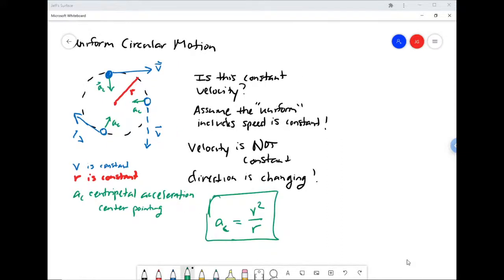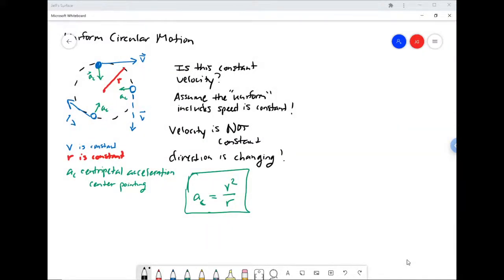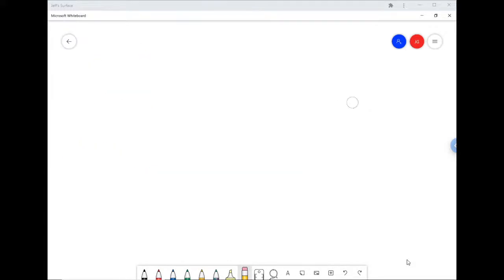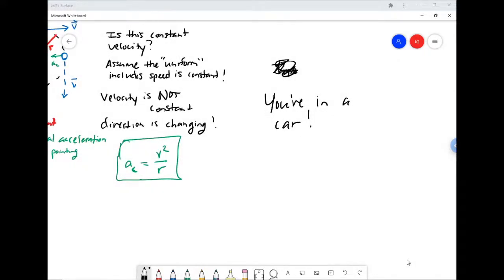Here's a question for you. This is a scenario. Imagine you're in a car. Or not, you don't have to imagine it. You've all been in a car. You're going around a turn.